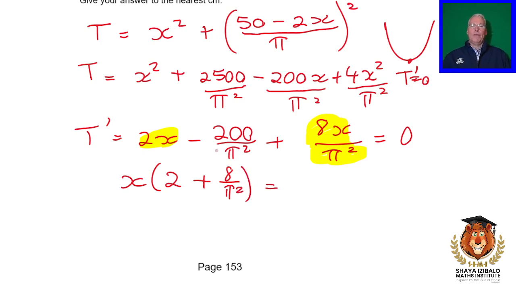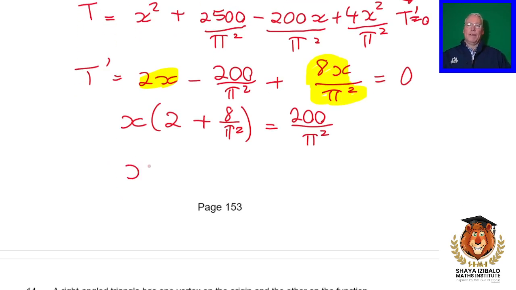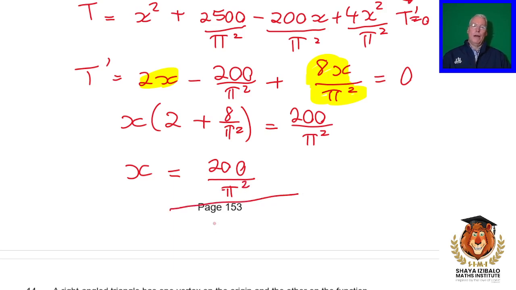And let's add this 200 over pi squared to both sides. And so finally our answer is going to be that x must be 200 over pi squared, all divided by 2 plus 8 over pi squared.